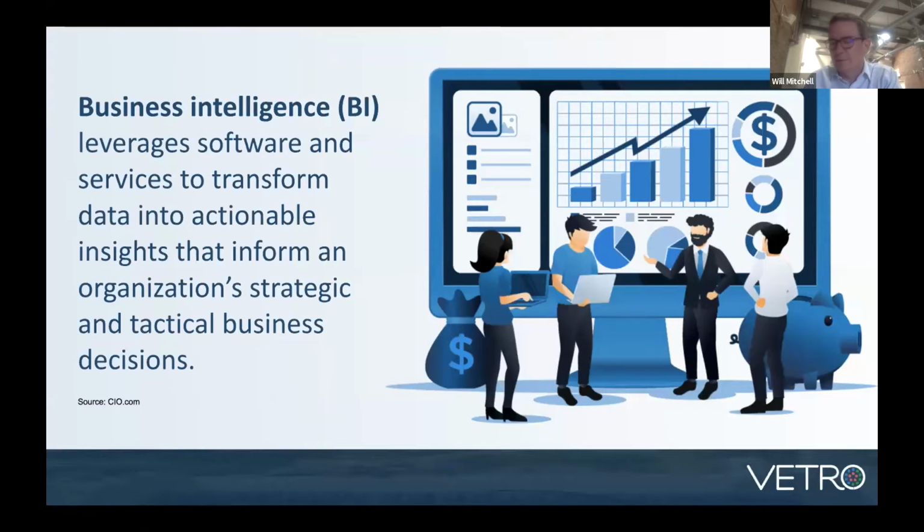The other thing about infrastructure intelligence is we're trying to equate it now to business intelligence. Getting information and intelligence out of that network data allows you to leverage software and services to transform the data into insight.